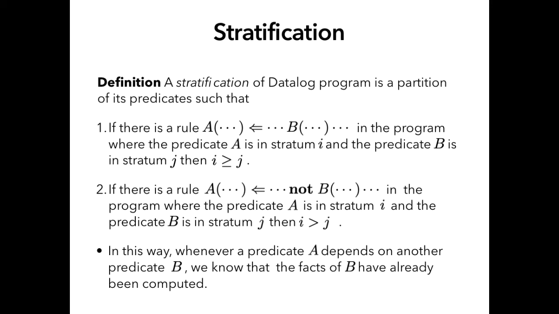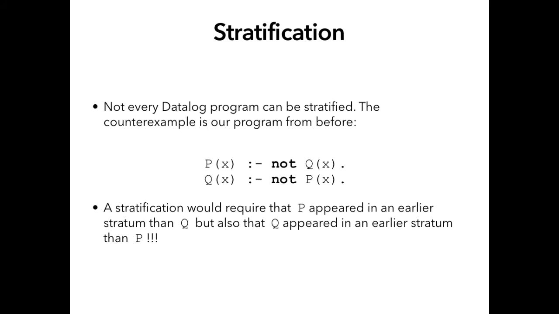This is a natural requirement because in this way, whenever a predicate A depends on some other predicate, we know that the facts in that other predicate have already been computed. So we know what they are, and we can easily check if this condition is met. Not every Datalog program can be stratified.